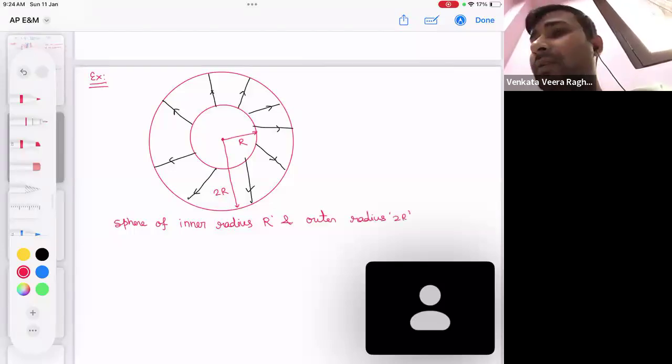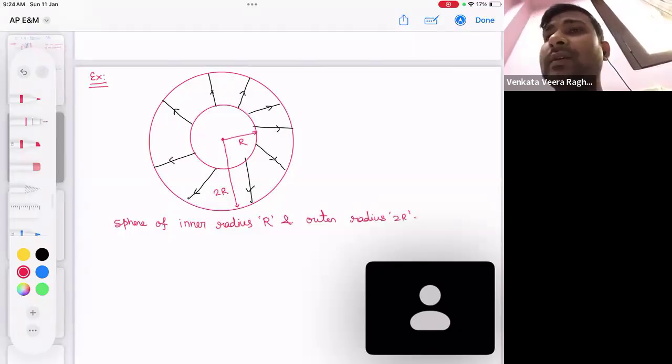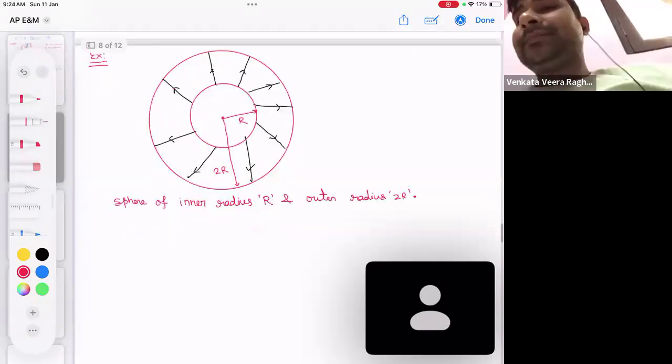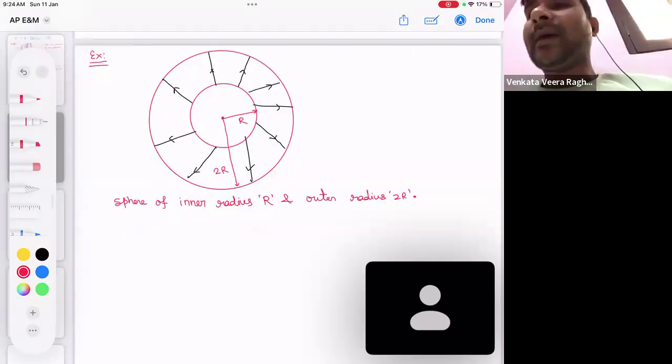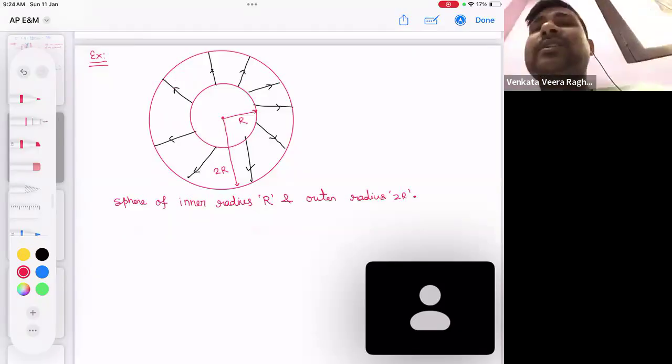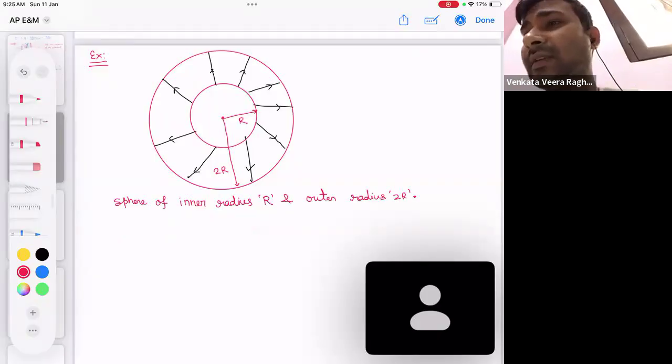Clear? Now they are asking, if a battery is connected, it is a resistance calculation only, because if I know the resistance, I can find out the potential difference, since it is going to be resistance times current. So actually it is a resistance question only, but sometimes you will find it given like this.